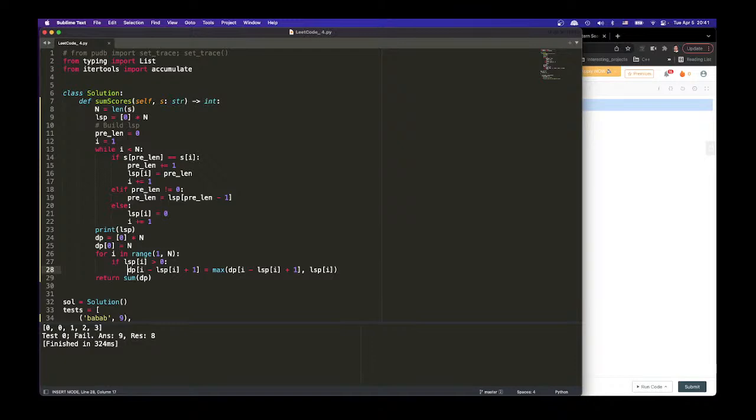And this one is 0, and then this one we have 1, so I minus 1 plus 1, stay here. So from this position to the end, we have at least 1. Score is 1 here.